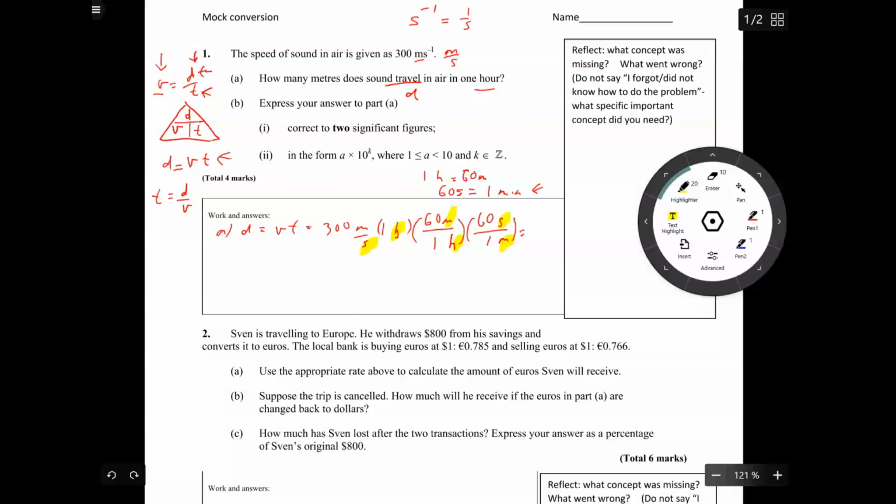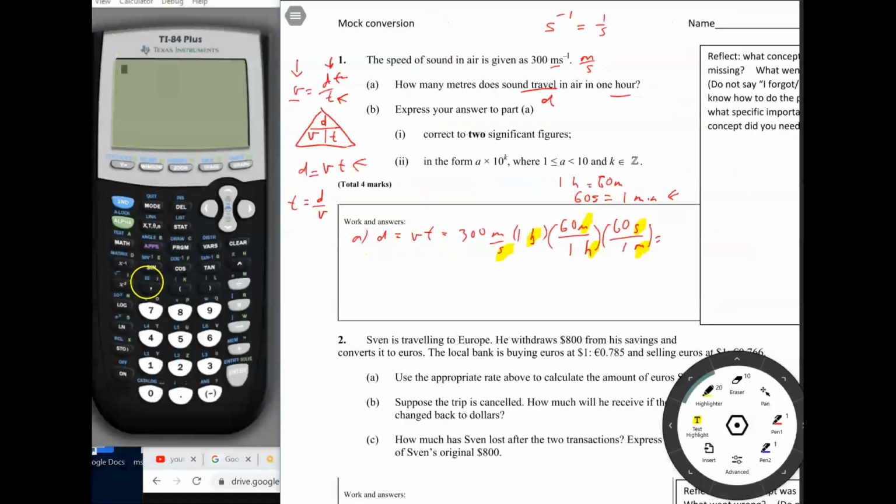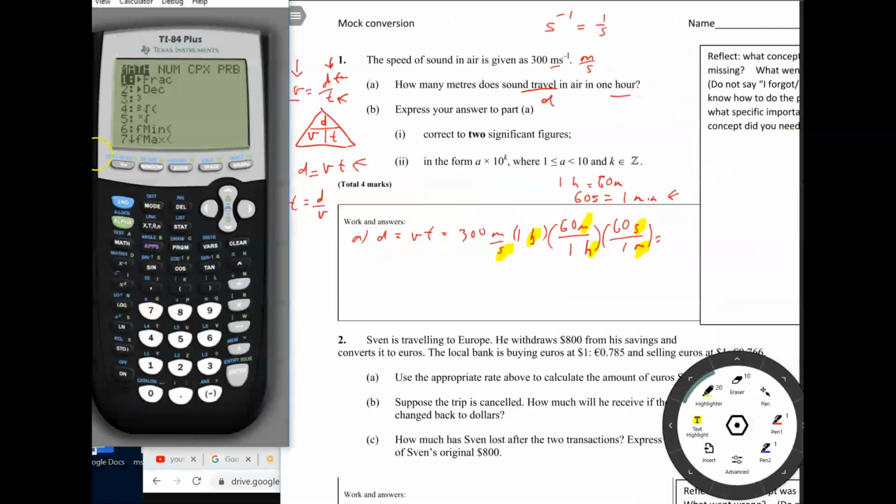So I'm going to have 300 times 60 times 60. I'll show you how to do that with the calculator. I think the easiest way to do it is to go to the math screen, number, and then press up, and then you're on n/d, and then you can make a vertical fraction here. You don't need to put as many parentheses on things. So you do 300 times 1 times 60 times 60.